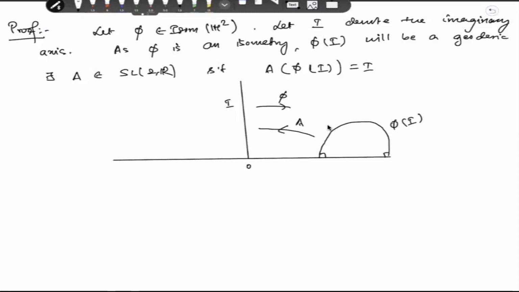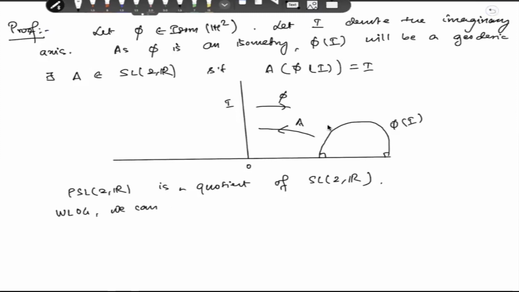And this PSL(2,R) is a quotient of SL(2,R). Therefore, without loss of generality, we can assume A belongs to PSL(2,R).